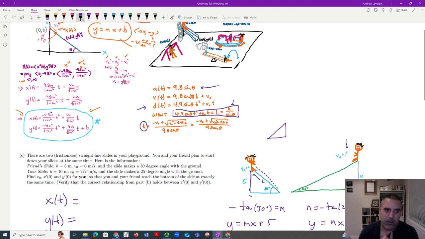So I filled in all of these numbers with the appropriate slopes and the appropriate initial values. And there was only one number I didn't know, which was the initial velocity for the second person. I plugged those in, and here's what I got. So let's show you the animation.